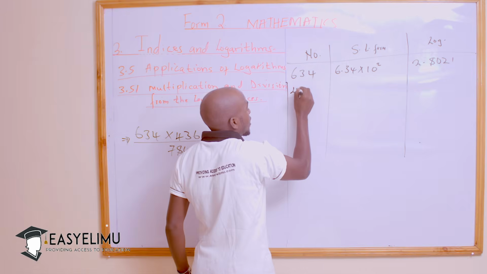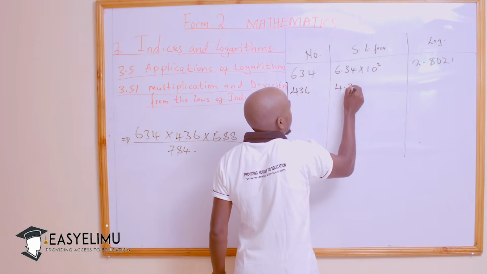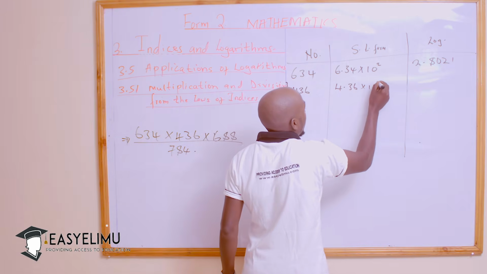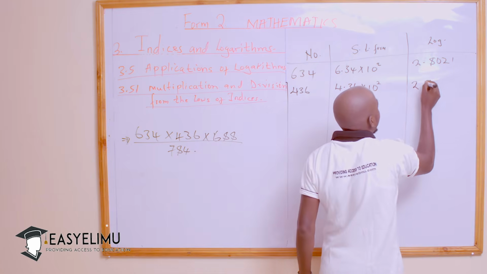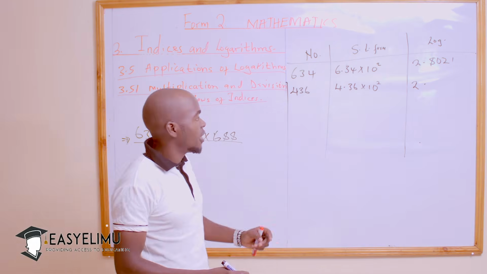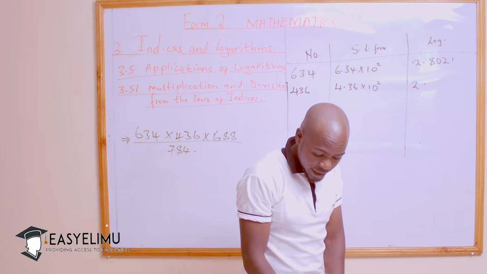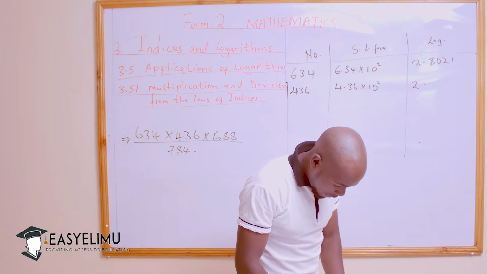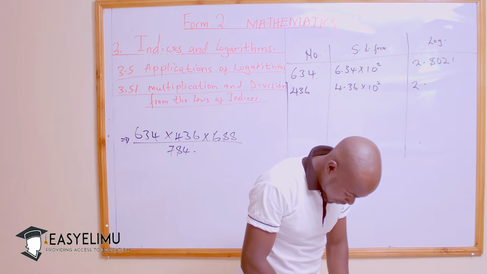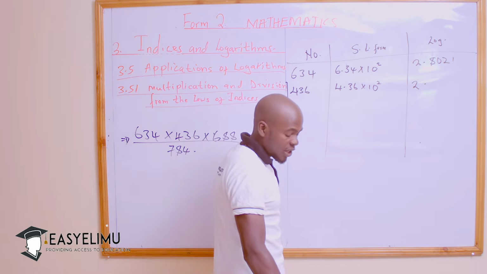So right here 436, and that is 4.36 multiplied by 10 raised to power 2. And the logarithm of that number is 2 point, now the logarithm of 4.36, you will find is 0.6395.